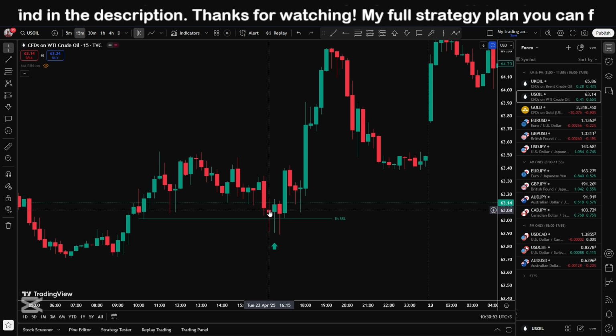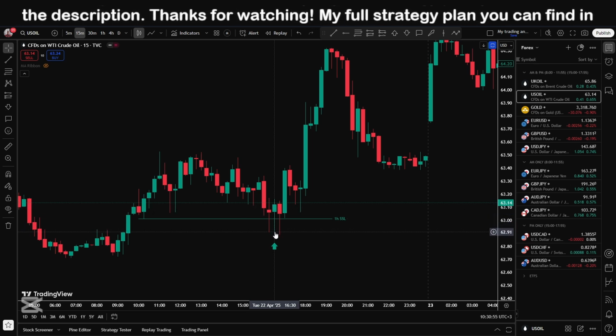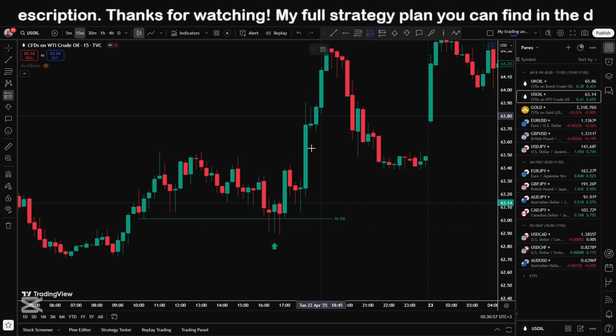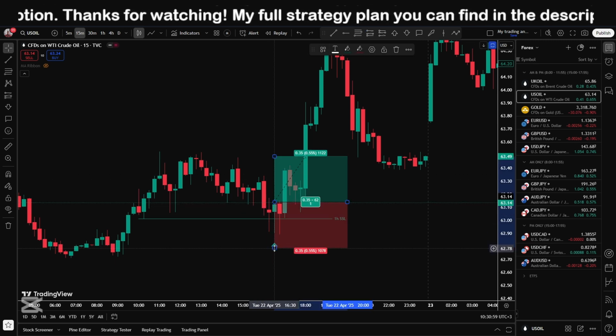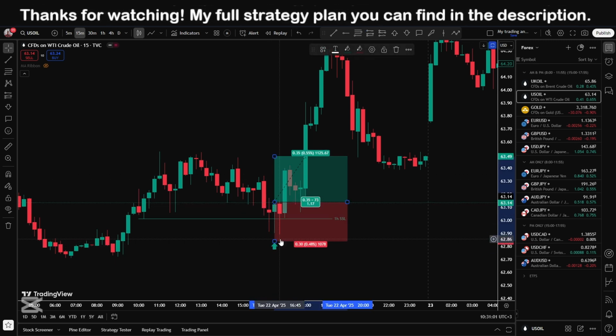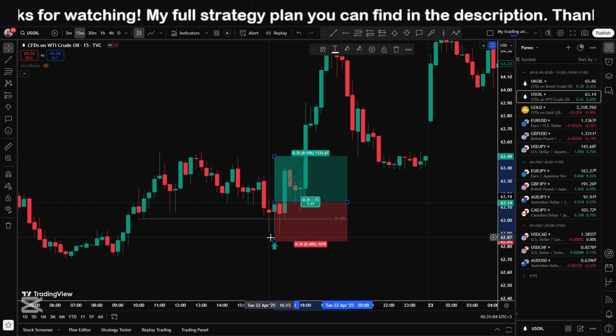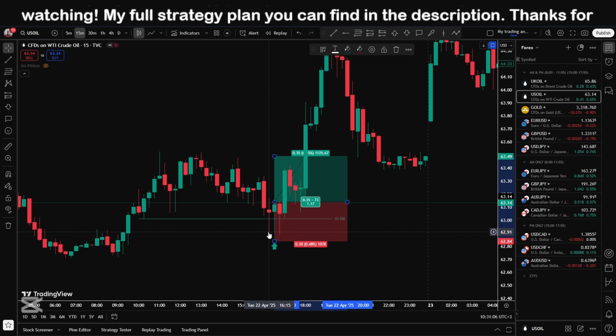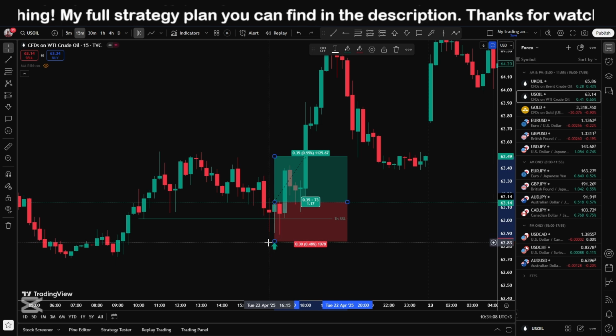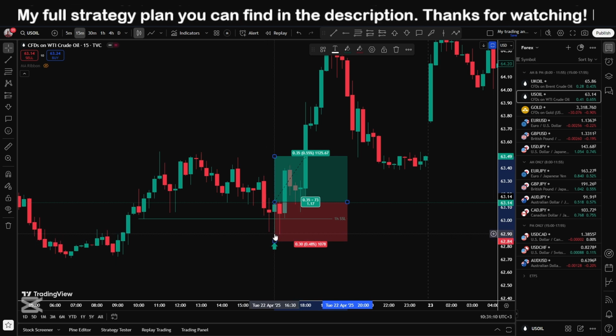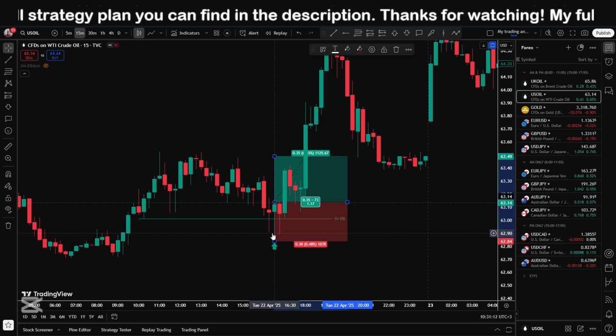Liquidity grab from the bearish bar, bullish bar with lower wick. Stop loss of 30 points here because I want the stop to be a little bit under the wick, not right here.